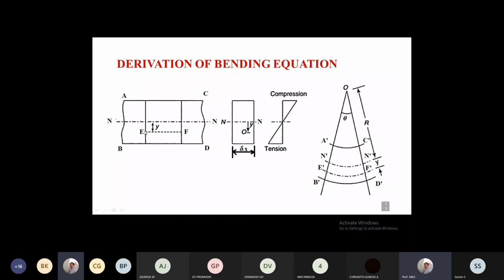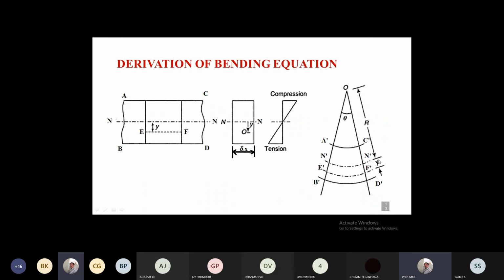Similarly, this was the initial length for the small element we are considering. The element is EF. The EF is going to change its position to E dash F dash. By equation 1, this N dash is at a distance R from O, whereas E dash F dash is at a distance, what is the distance from O to F?